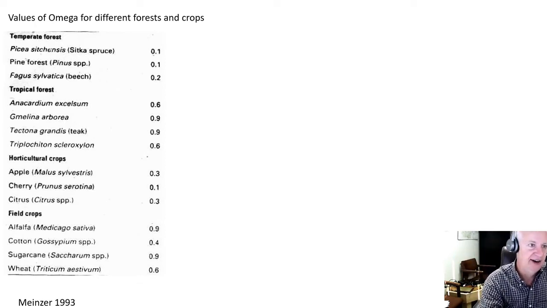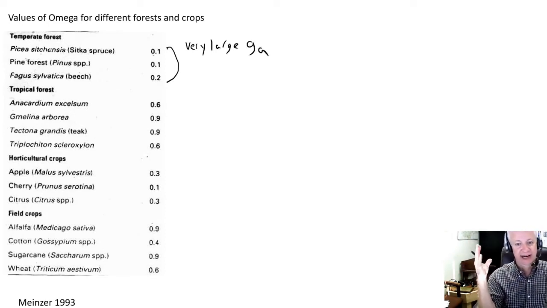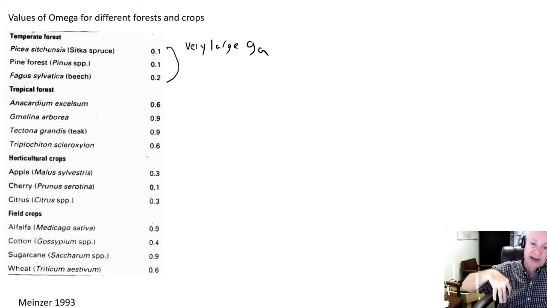So what you can see here is, for instance, for these forests, these are situations where omega is close to 0. These are situations with very large aerodynamic conductance. So the boundary layer resistance is not a factor here. These are tall, rough forests, which means the boundary layer conductance is large, or the boundary layer resistance is very small. It's not important.